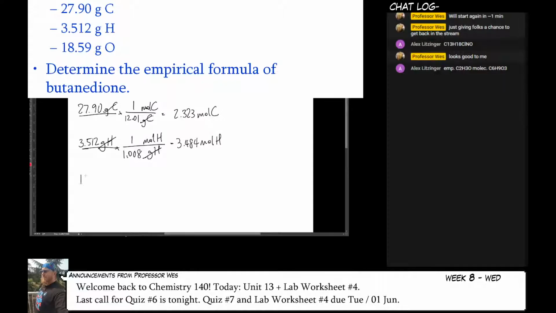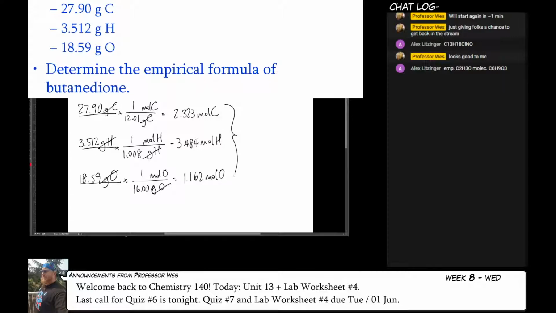And then oxygen, 18.59. One mole is 16 grams. 18.59 divided by 16 is 1.162 moles of oxygen.